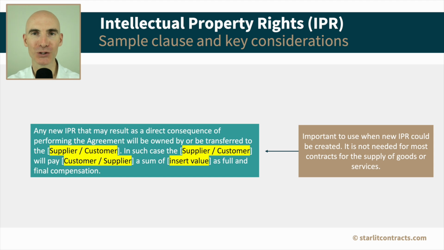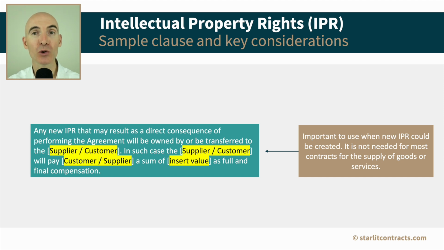Our sample clause continues, any new IPR that may result as a direct consequence of performing the agreement will be owned by or be transferred to the supplier or the customer, whatever is agreed between the parties. In such case, the supplier or customer will pay customer or supplier a sum of, and then you insert the value, as full and final compensation.